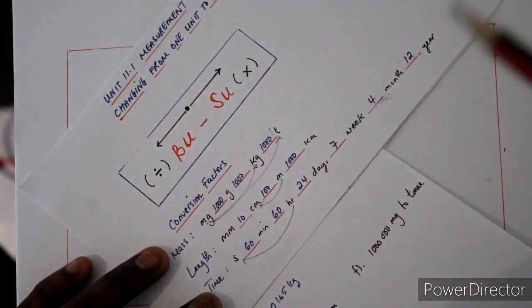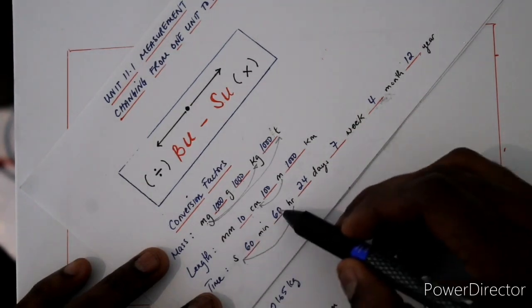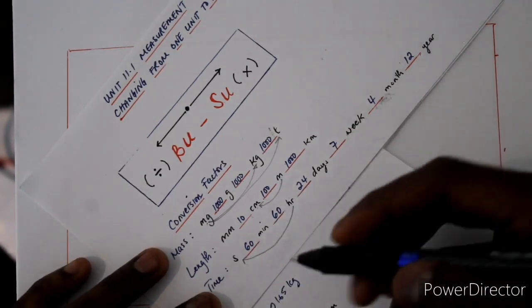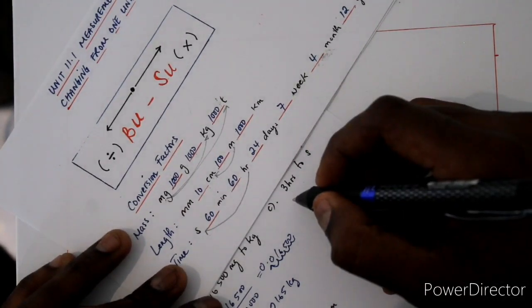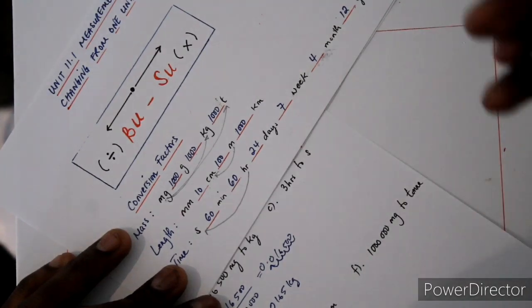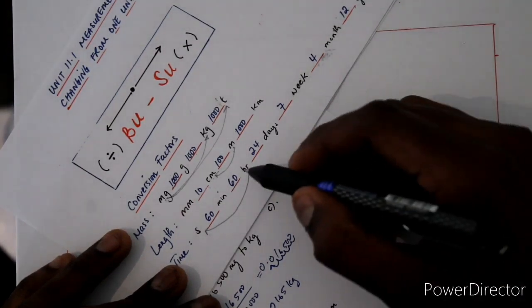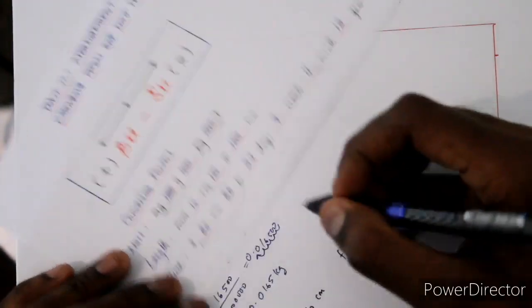Multiply with what? Our multiplying factor, the conversion factor, will come from 60 times 60, which gives us the conversion factor. So 60 times 60 is 3600. So our conversion factor is 3600. Since we are converting a bigger unit to a smaller unit, we will multiply.